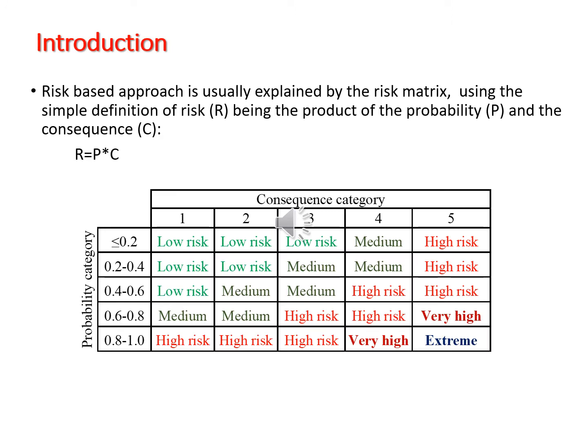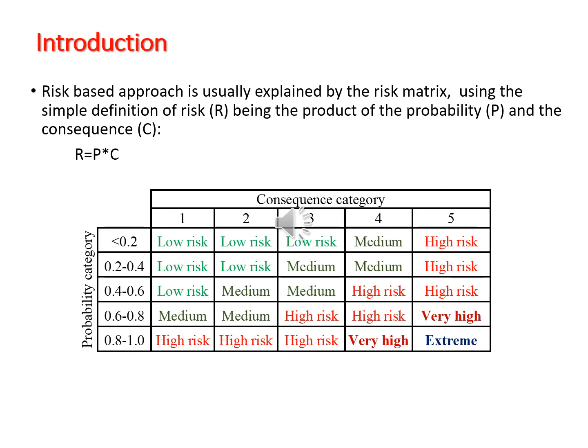In this slide, you can see the risk matrix as obtained by consequence and probability, categorized in both cases from 1 to 5.